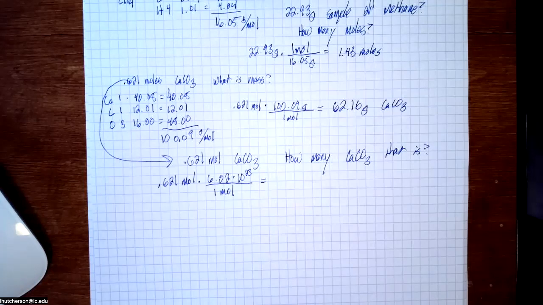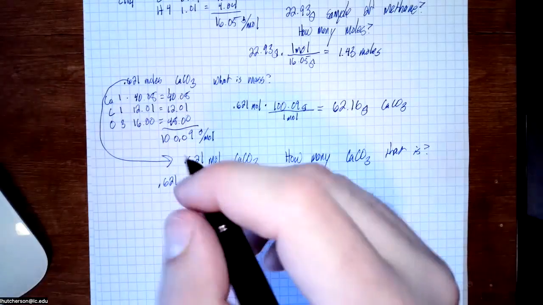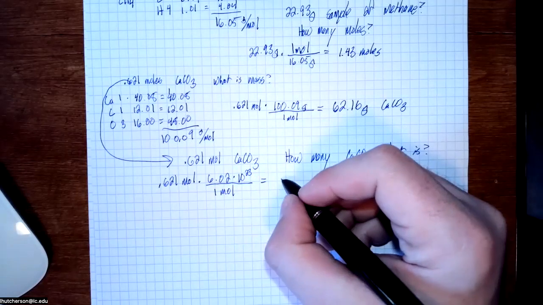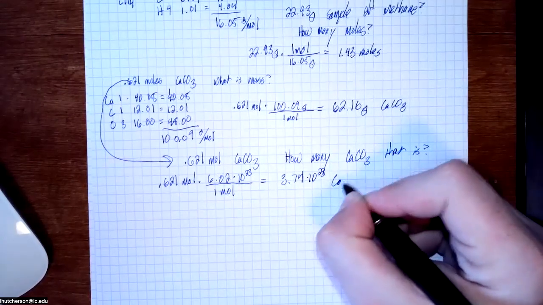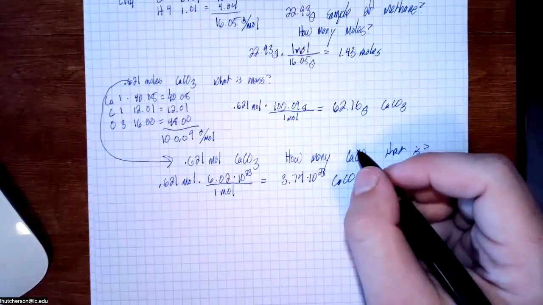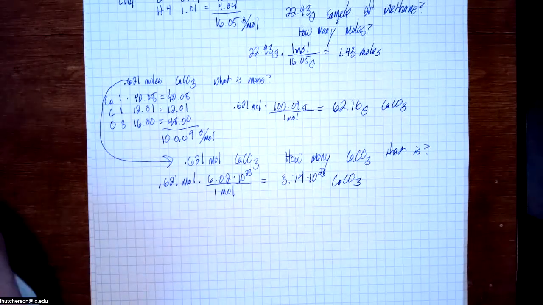And when I do that, I get 3.74 times 10 to the 23rd calcium carbonates. Right. So that's how we do that. And that covers us for chapter 5.